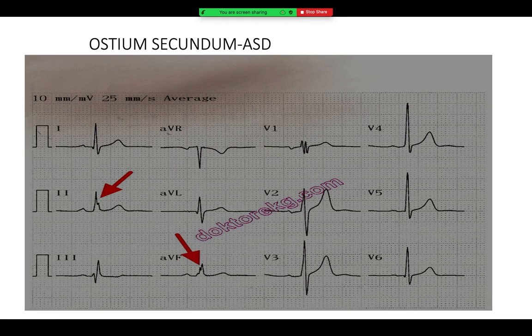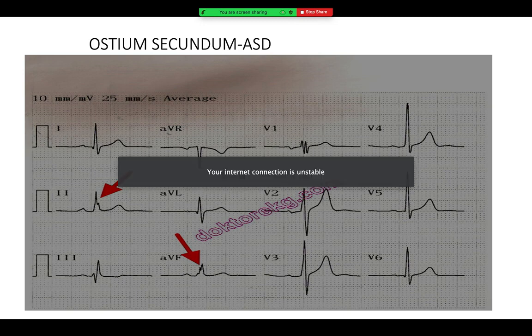And then how about the axis, especially in the V1? How is this? Is this normal? Definitely not. So when we look at over here, especially in the V1, this is what is called as R dash pattern, isn't it?